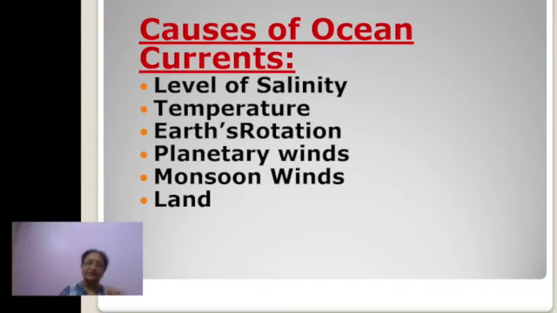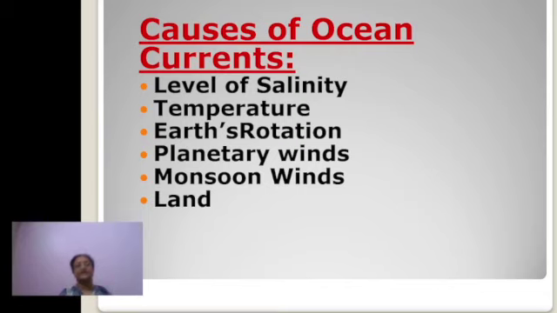Number three is the Earth's rotation. To a great extent, you will find the Earth's rotation also affects the movement of ocean currents. In what way? The Earth's rotation causes the Coriolis effect. Now this Coriolis effect is seen in the northern hemisphere.